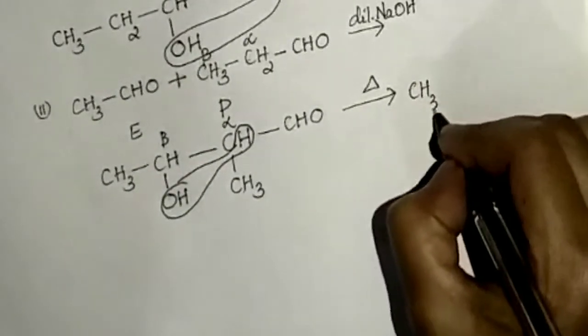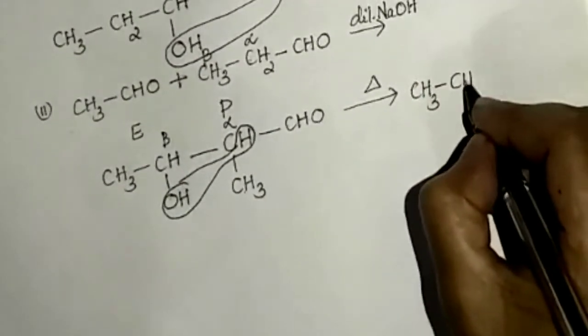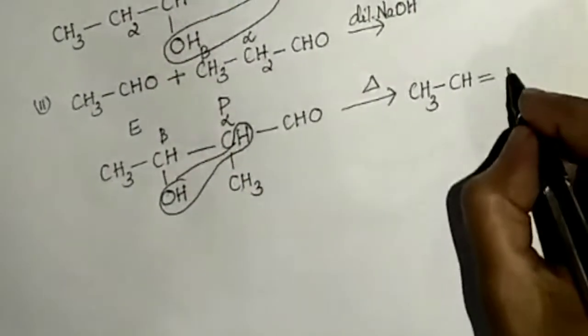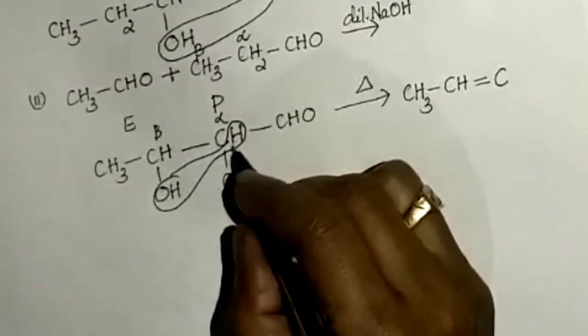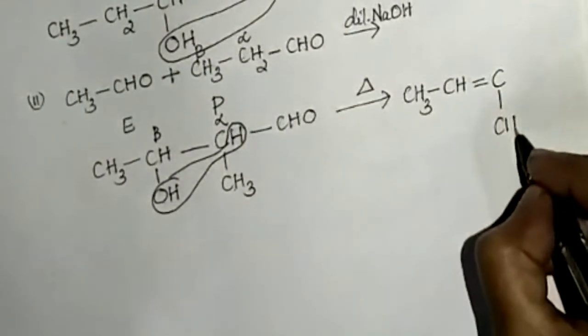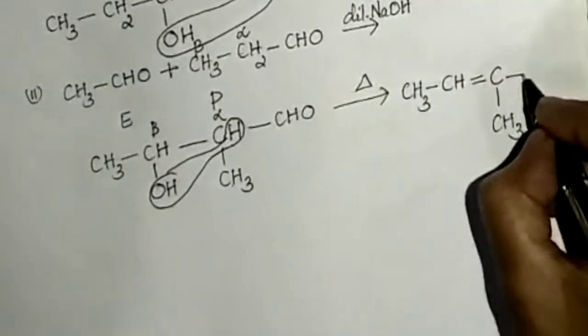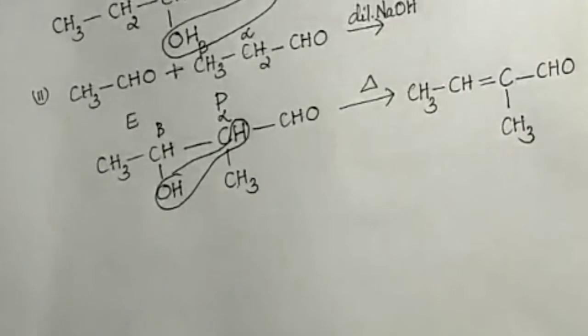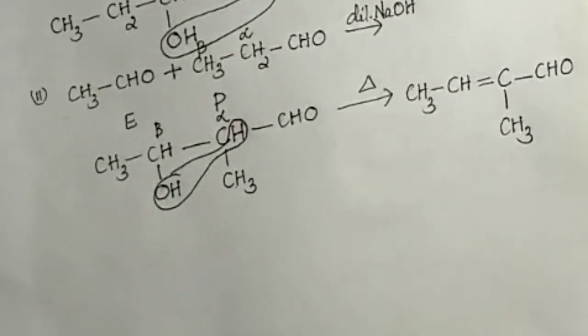H combines with OH to form water. One CH3 group is attached here, CHO. This is the product: CH3CH=C(CH3)CHO.